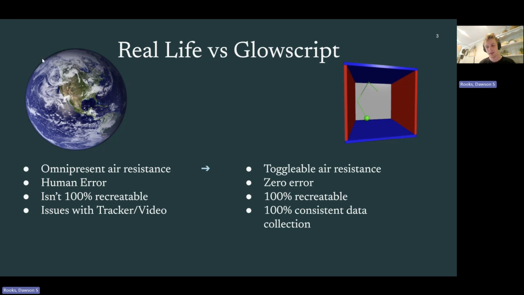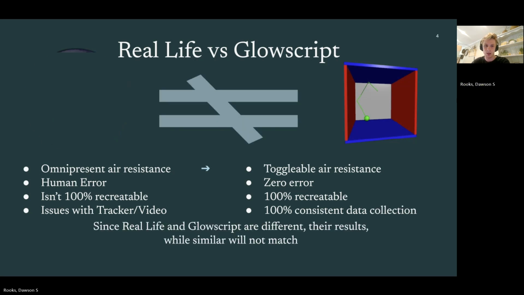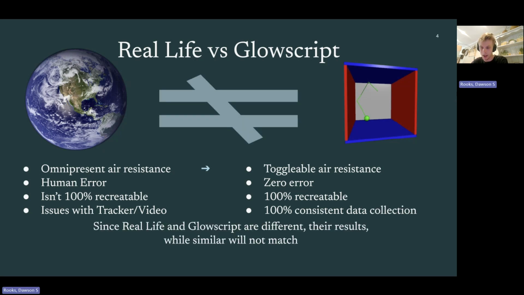Of course, air resistance is or is not present, although that isn't the main focus of the lab. It is something to consider. And of course, we can get the same result every time, whereas if we redid the exact same experiment on Earth, chances are we'd get a different result. So instead, we're going to get a broadly similar trend.